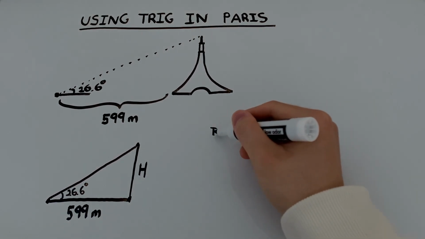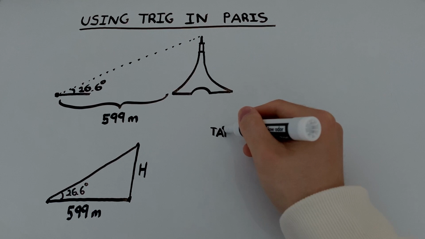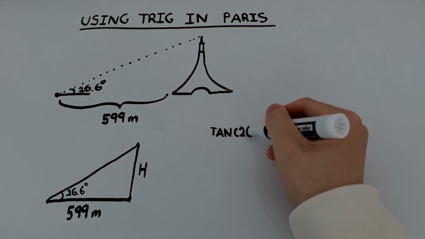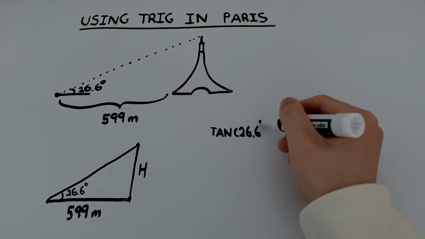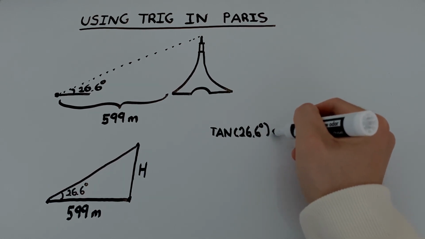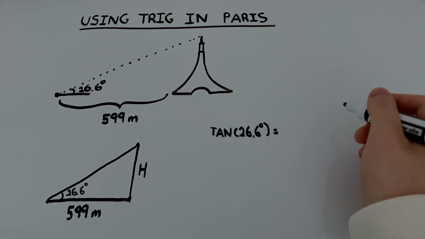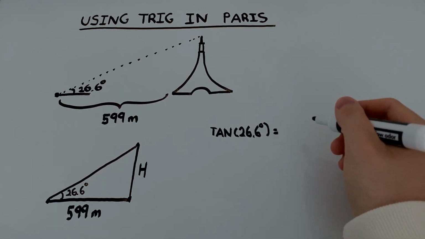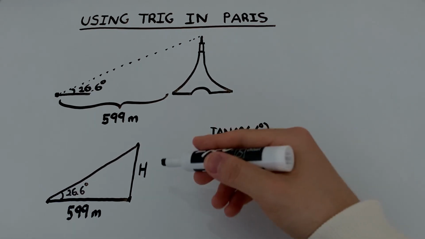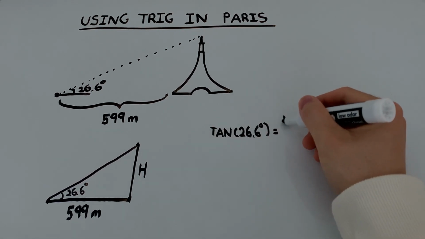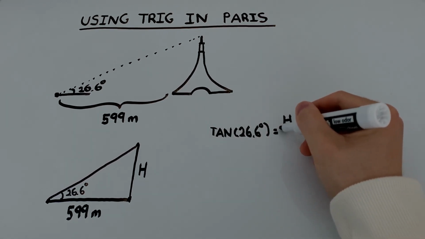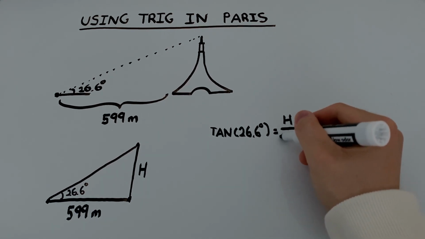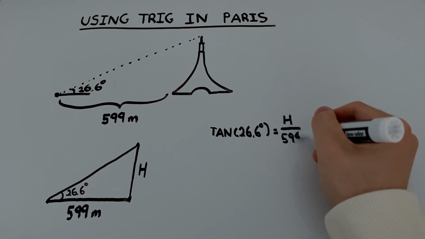So tan of 26.6 is equal to, remember, TOA means opposite over adjacent. The opposite side is H, and the adjacent side is 599.